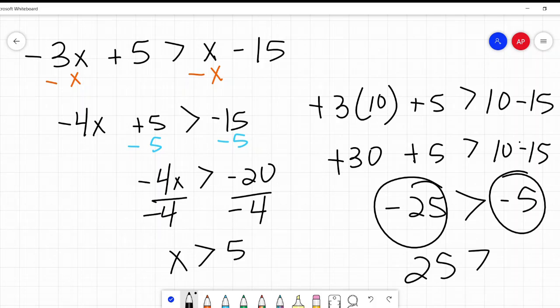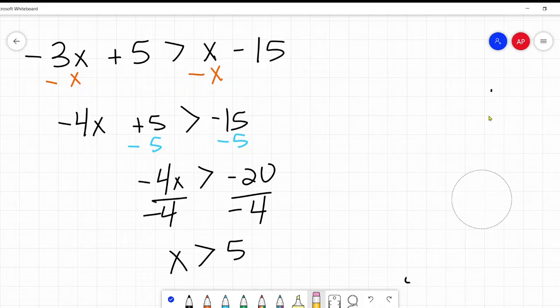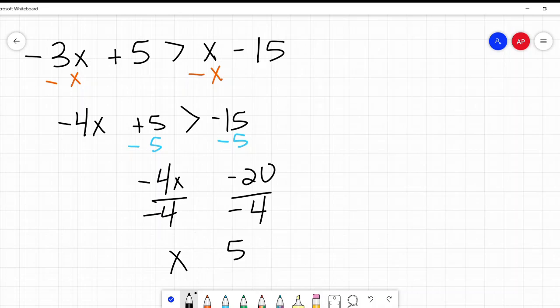So when we divide by a negative or multiply by a negative, we have to reverse or flip that sign. When we divide by the negative 4, we have to flip it.